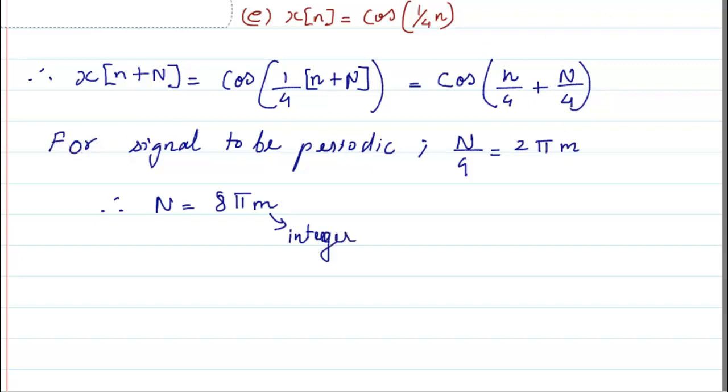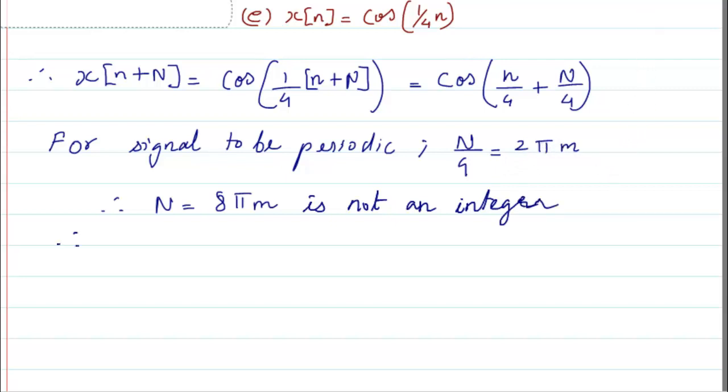There is no other way. Now, we also know that n should also be an integer, because in case of discrete time, the value of n is an integer. So if I have to take care that n is to be an integer, then 8 pi m, when m is an integer, should also be an integer. Okay, so I will write that the value of N that I have got, 8 pi m, is not an integer.